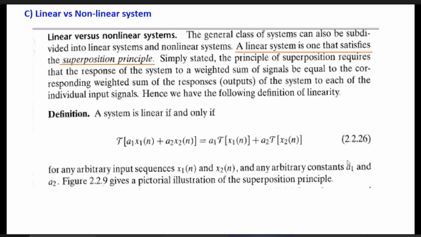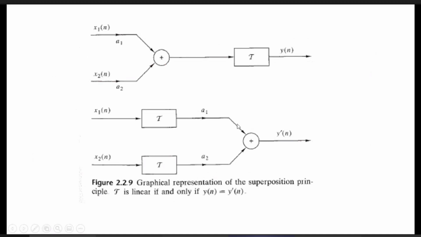Applying the weights, the combined input is a1 x1[n] plus a2 x2[n], and the output should be the sum of the outputs due to the individual weighted inputs. That means a1 y1[n] plus a2 y2[n].